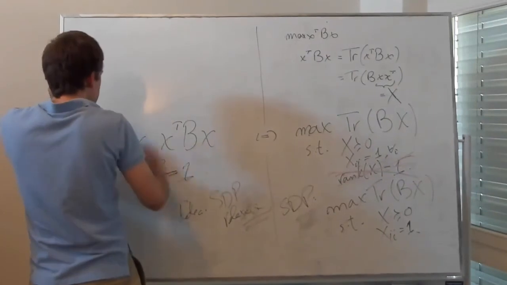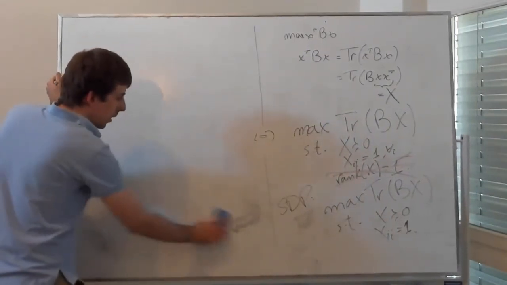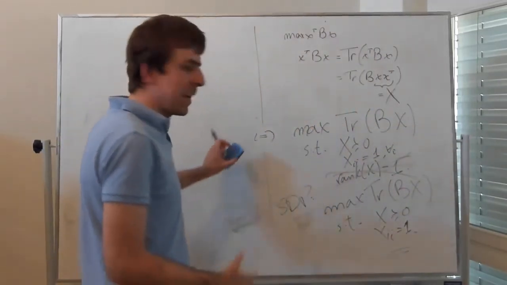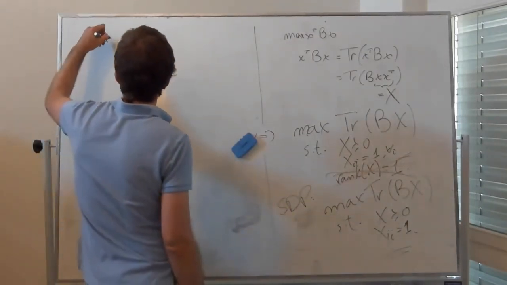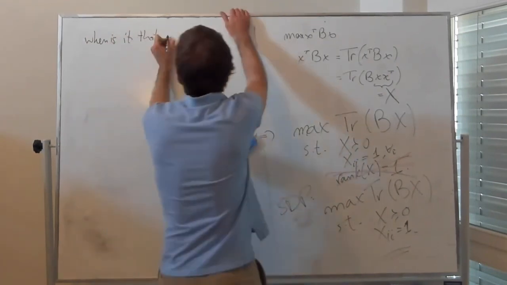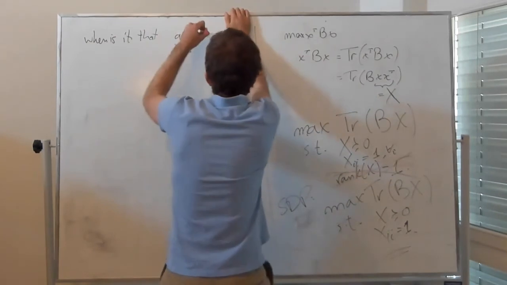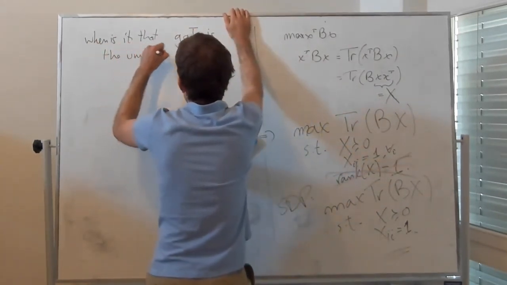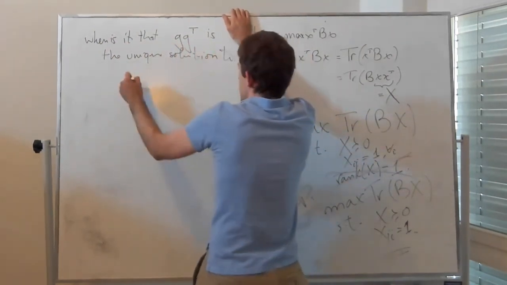And now the question we're interested in is, when does this recover exactly the true labels? So when is it that gg transpose, these are the true labels, is the unique solution to the SDP?